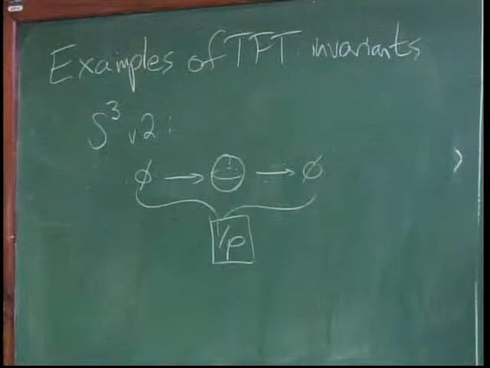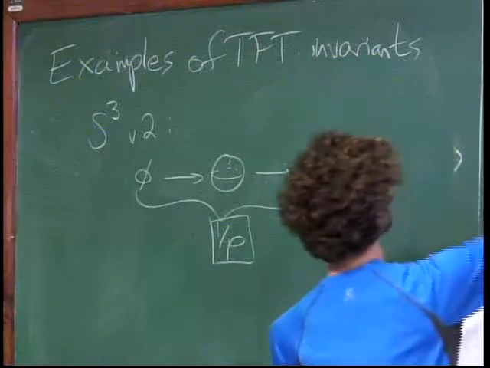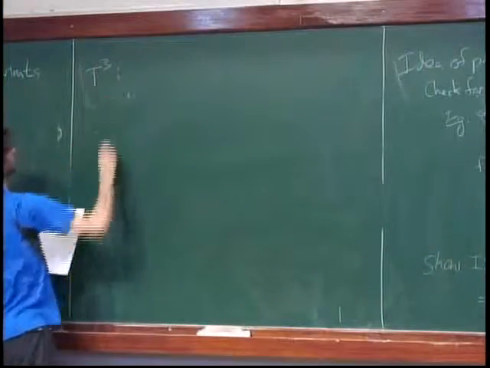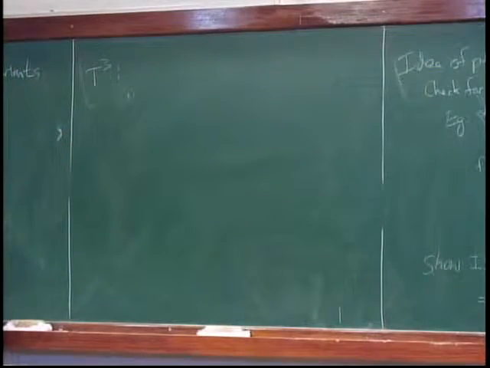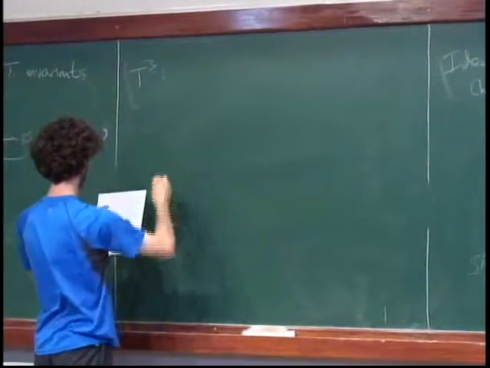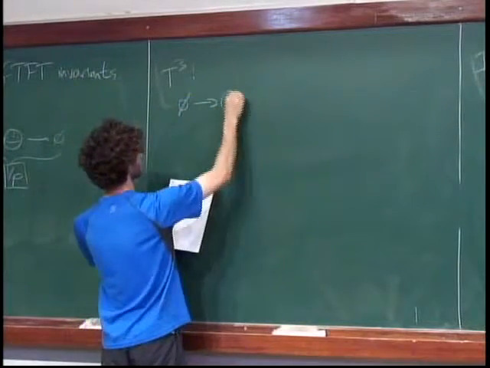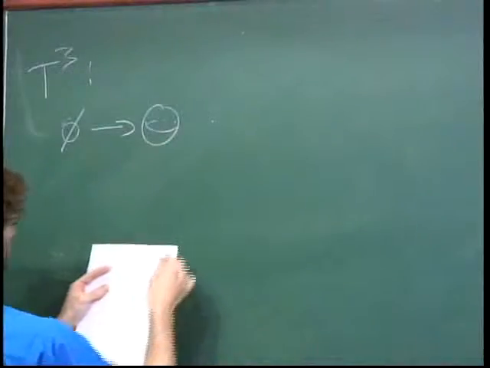So let's try to compute the invariant of the 3 torus. You have to think for a minute to actually come up with a presentation of the 3 torus in these terms, but I'll write one down, and you can think about it.